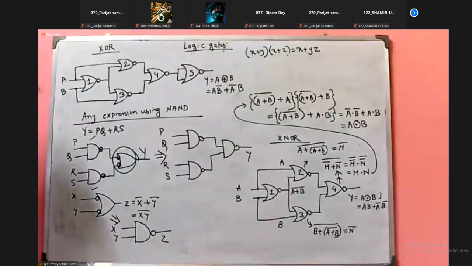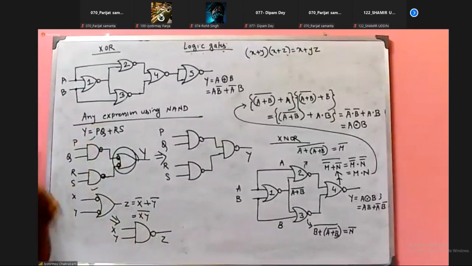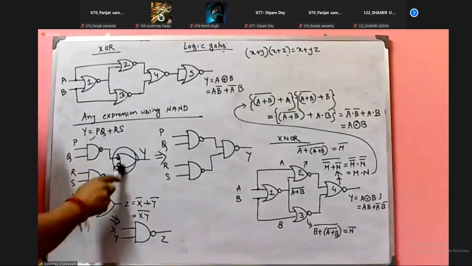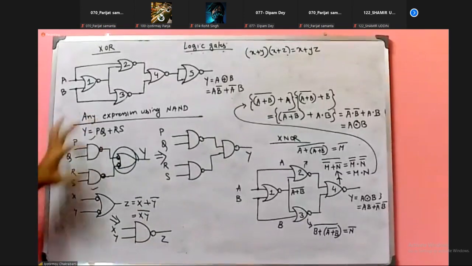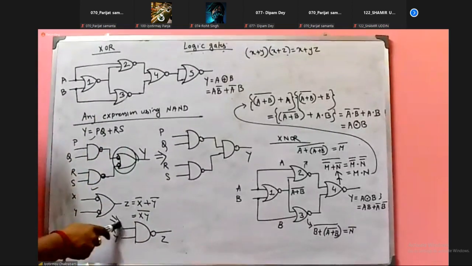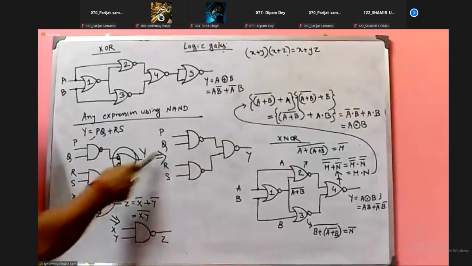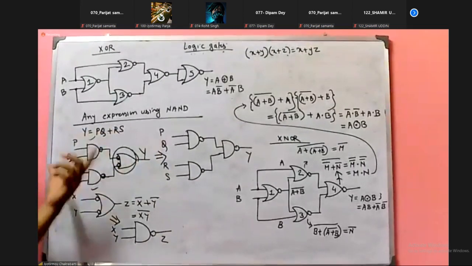Then check at which line there is only one bubble extra added. If there are two extra bubbles, the circuit is similar. Here we have given two bubbles on each line, so the circuit is similar. Now these are already AND with a bubble on top. What about this? This is an inverted input OR gate, which is equivalent to an AND gate. So easily this circuit can be written like this. So this is the easiest way to convert any expression using NAND.